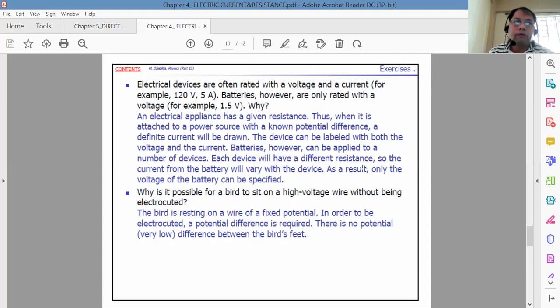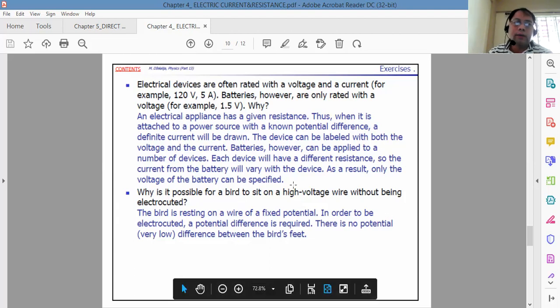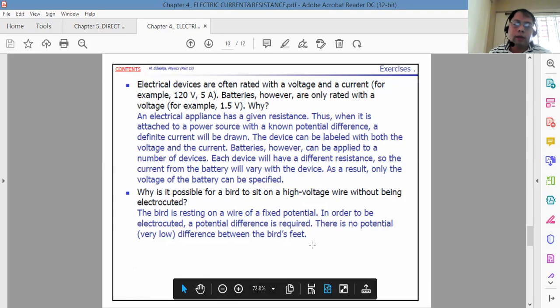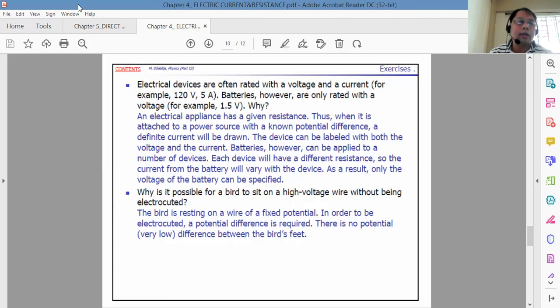So if a post has wiring there that is bare and has a very high voltage, why is it that the bird does not die when it is sitting exactly on a wire that does not have any insulator, no? So maybe you can read this one and try to understand what is with that condition there, no?